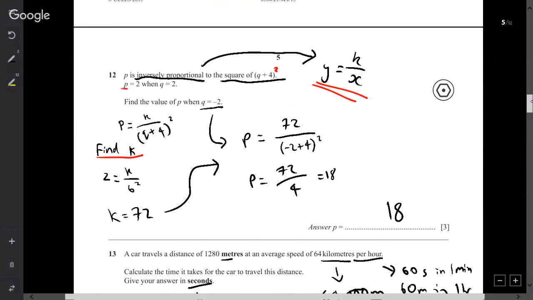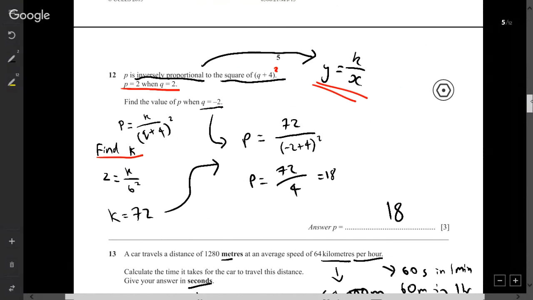So what we're going to do is use this information they've given us here to find k. Here's our little equation. This is x. So we're going to use p as y and q as x. So here's x, here's p equals k over x. So we know that when p is 2, q is 2. So all we're going to do here is substitute those in.